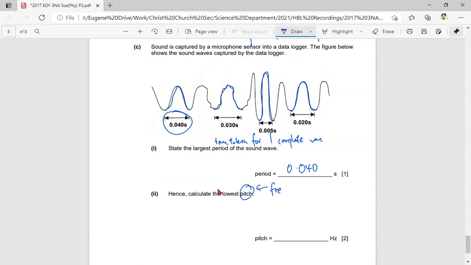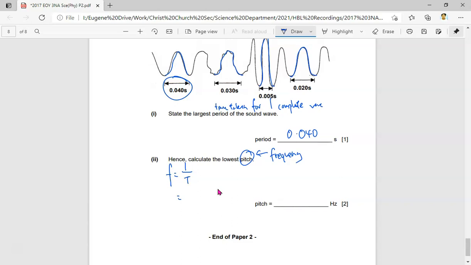Hence, calculate the lowest pitch. Pitch is linked to frequency in sound. How is frequency linked to period? You remember the formula: frequency is 1 divided by the period. Lowest pitch, or lowest frequency, means the largest period, the longest period, whichever you want to use.